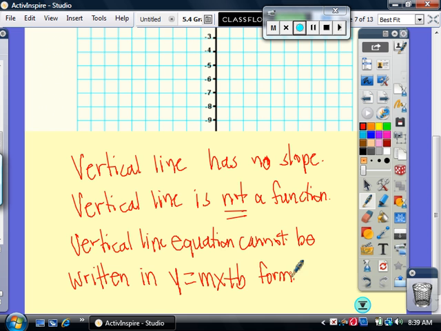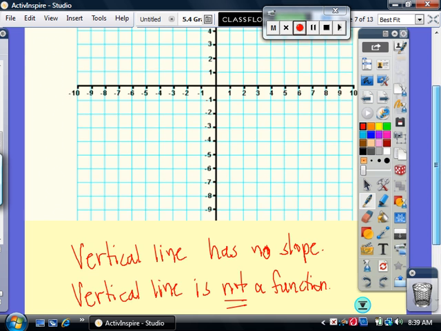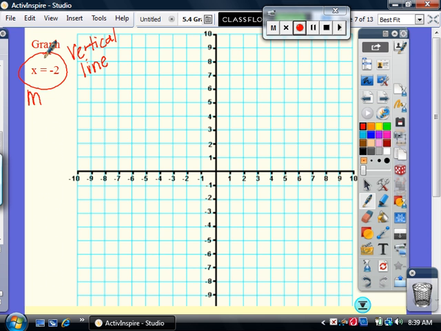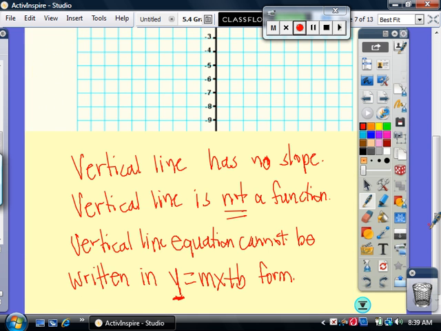I mean, how can you solve for y in an equation that has no y? Right? Makes no sense. And so a vertical line cannot be written in slope-intercept form. It is not a function, and it has no slope. Those are important things to remember from now on about vertical lines, okay? They are a special case.